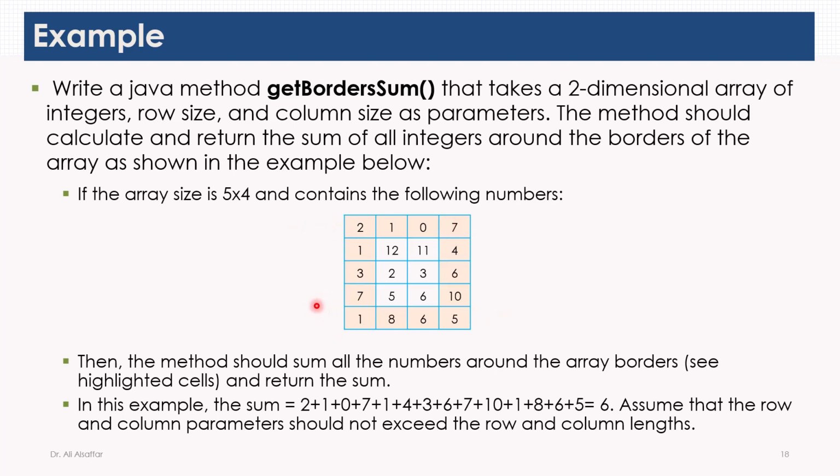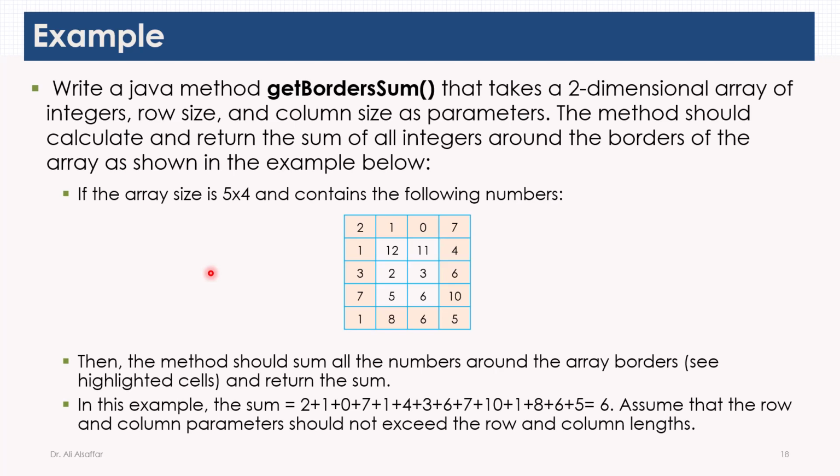And the other loop, which is separate from the first loop, finds the sum of column 0 and column - 1. First, let us implement it by processing the array row by row and give you the answer. And then we will show you the efficient way of processing this array without visiting all elements of the array. We visit only the elements that are on the borders and we add them to sum.